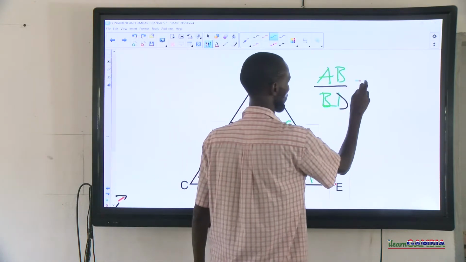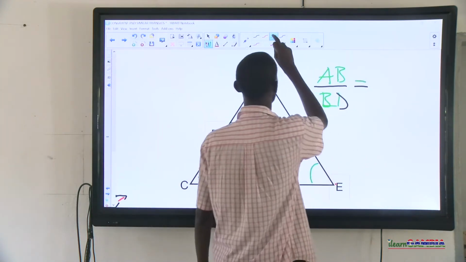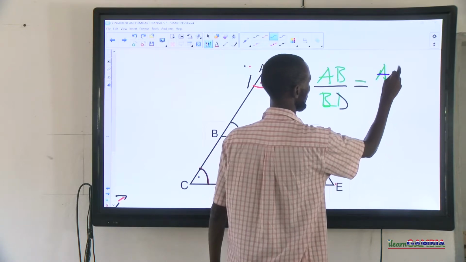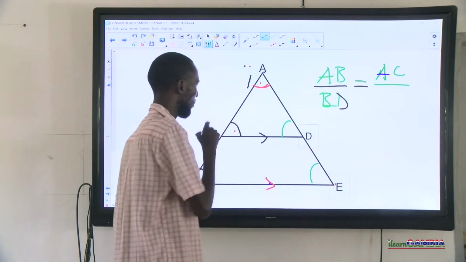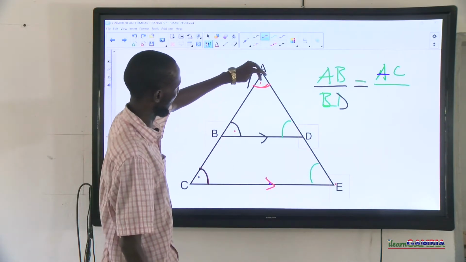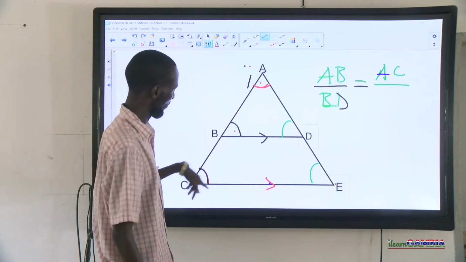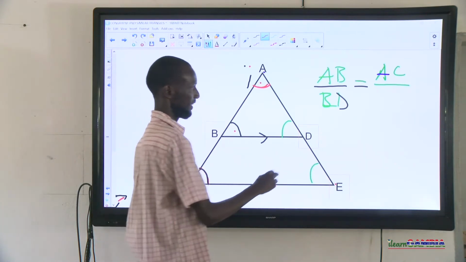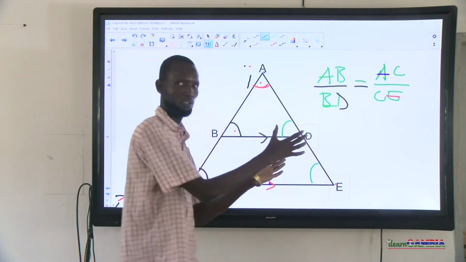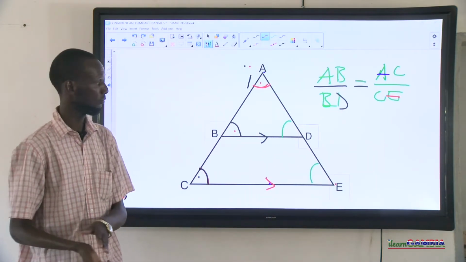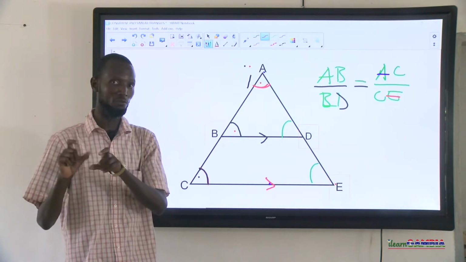So I could say equals AC over, now BD was the side opposite my red angle of the smaller triangle. So therefore the side opposite that same red angle of the bigger triangle is CE. So this is over CE. That's one possible ratio. Of course there are many more, because I could have easily used any other two sides I want, so long as I'm consistent with the angles, all right?